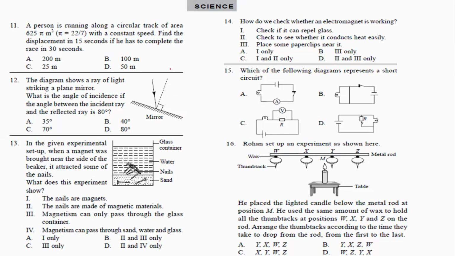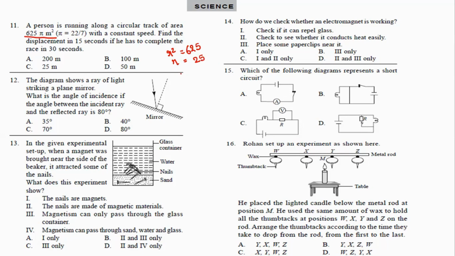The area of the circular track is given as this, right? So we can write R square is equal to 625, right? So R is what? R is 25. We can write the radius is 25.